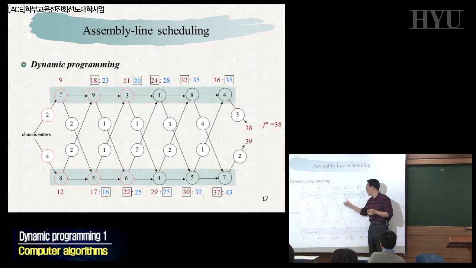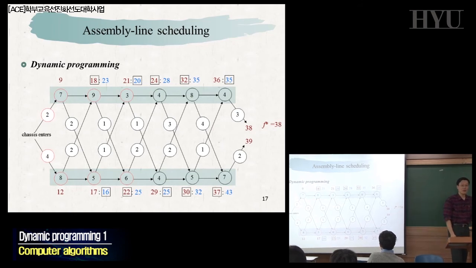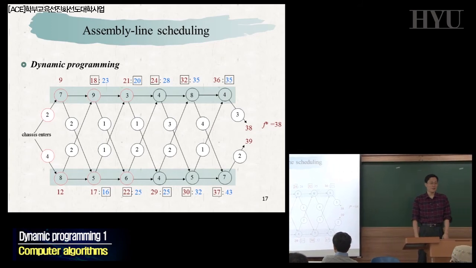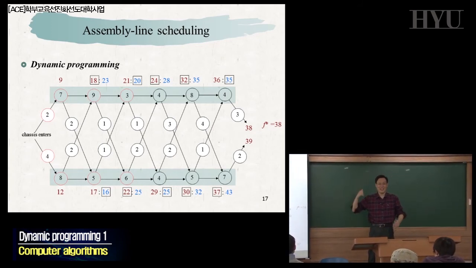We have several additions and one comparison. So the total running time is theta of n. So it is much smaller than theta of 2 to the n, which is the recursive solution.